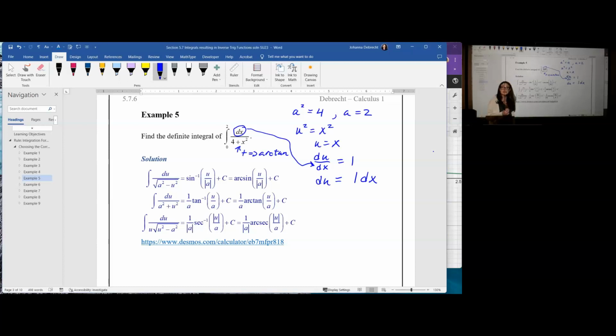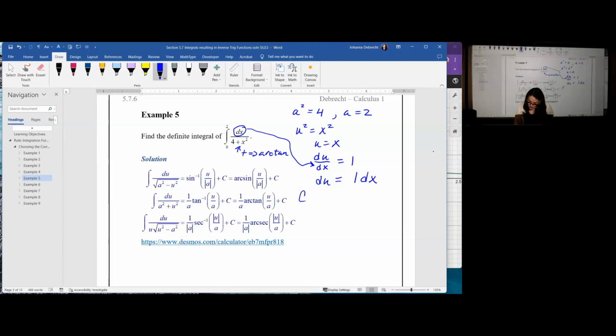Next, we need to change the limits of integration. We're switching to u, and it's a definite integral, so we're looking for a finite real number, representing the net area between the curve and the x-axis from x equals 0 to x equals 2. We are not looking for the antiderivative function.